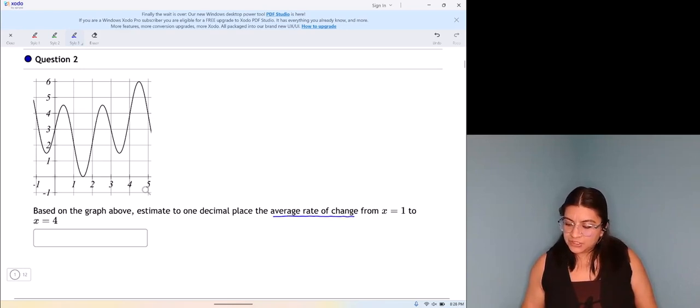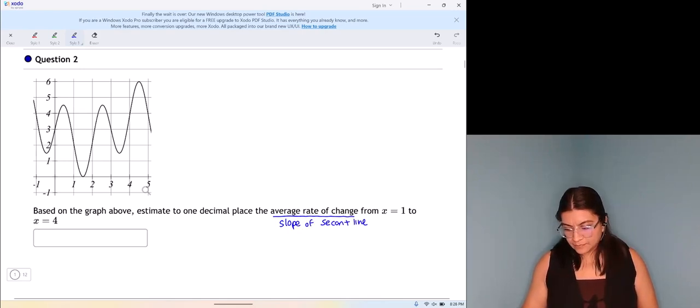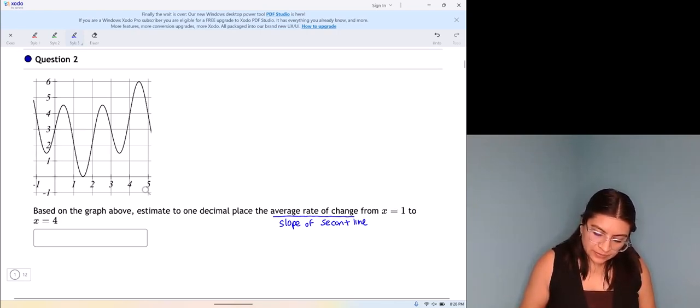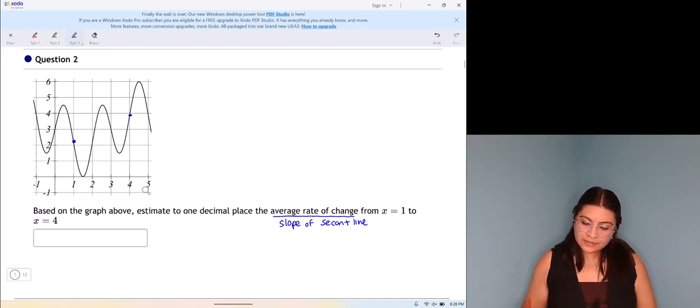The average rate of change means the slope of the secant line from x equals 1 to x equals 4. Sometimes the graph does not pass through the grid. In this case, it's a little bit above 2, and at x equals 4, it's a little bit below 4.